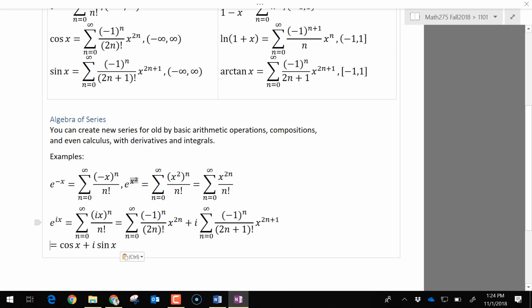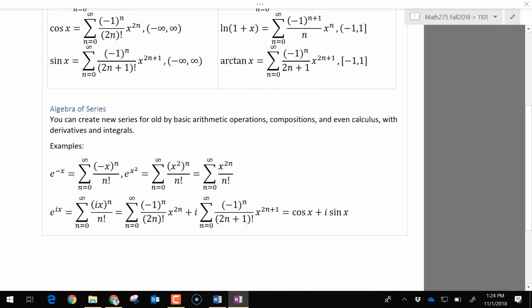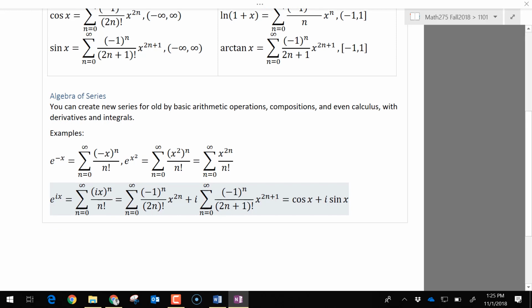And here's just an example of a way to prove Euler's formula, which we already did. Okay, but there are other things that you should probably know, so let's throw in a couple of other examples here.